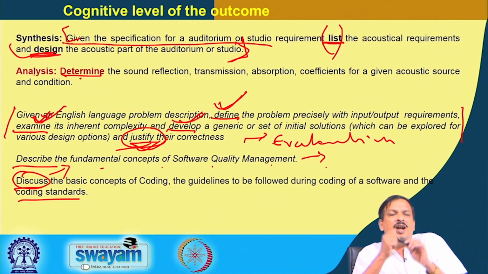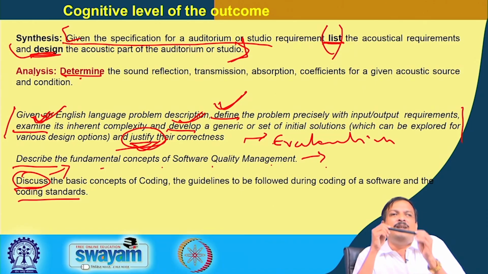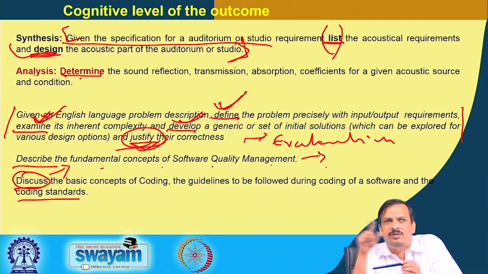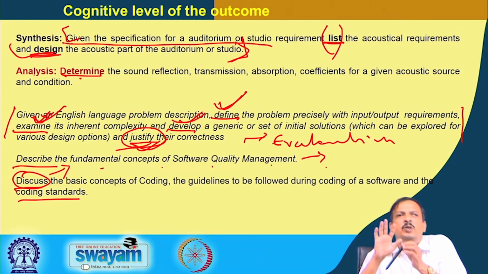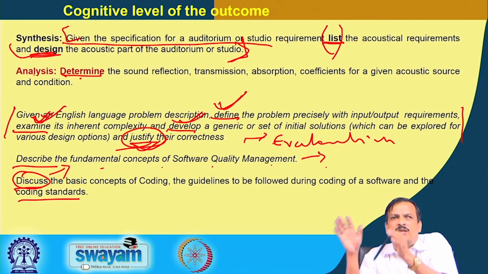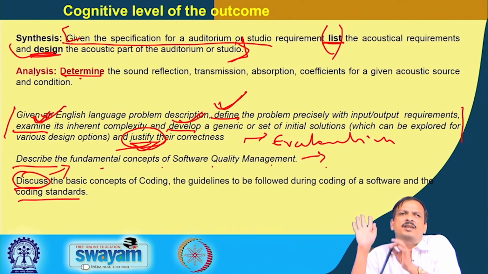So, when I ask you to identify the cognitive level of an outcome, first underline the action verbs, then find out which action verb belongs to which cognitive level. When I give you an outcome, find out the condition component and criteria component: this is the given, so this is the condition component, this is the criteria component.